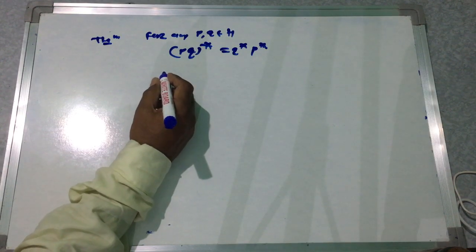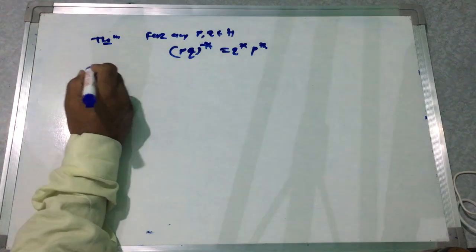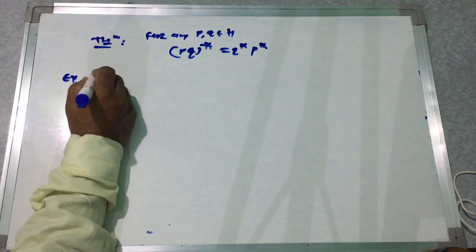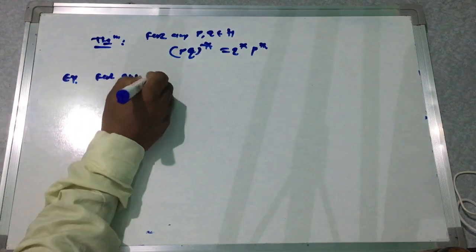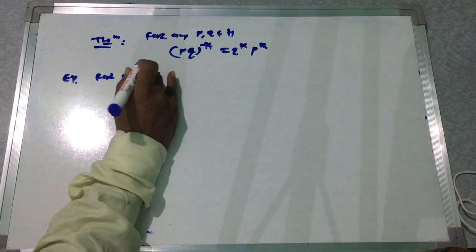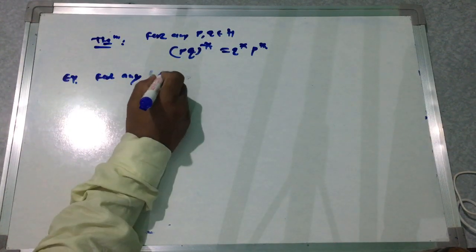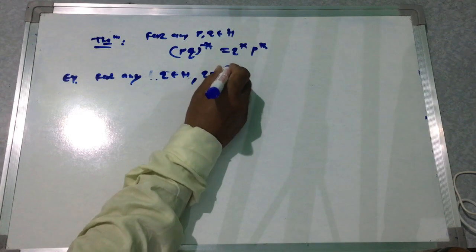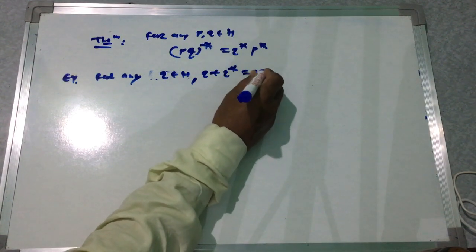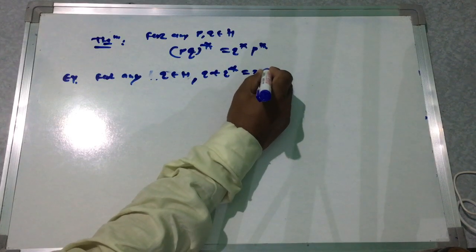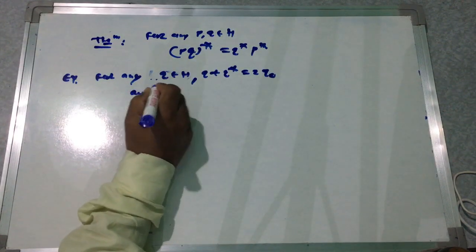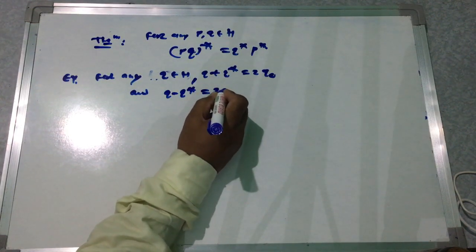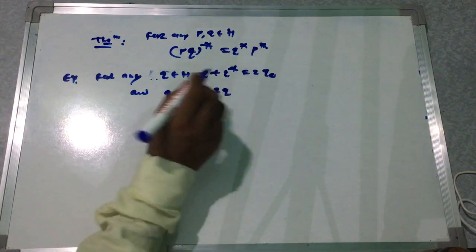Again, we have the examples. This is the theorem. Examples: for any Q belonging to H, Q plus Q star is equal to 2Q0, and Q minus Q star is equal to 2Q. We have to prove this, and we will get the result.